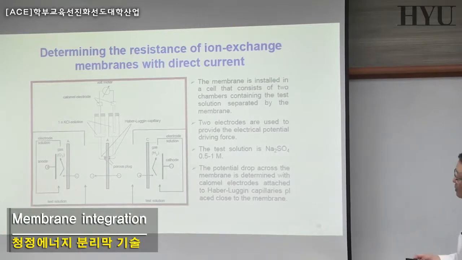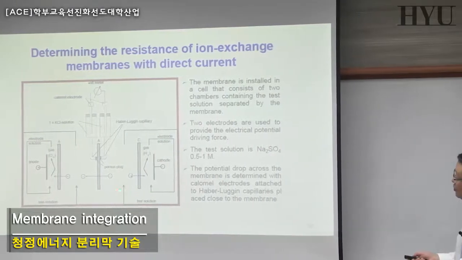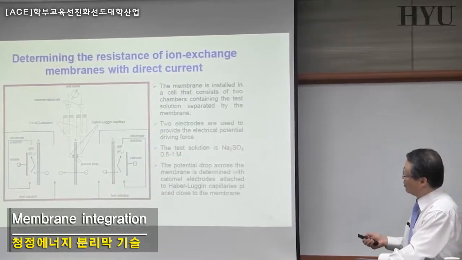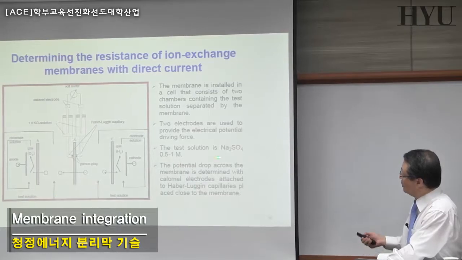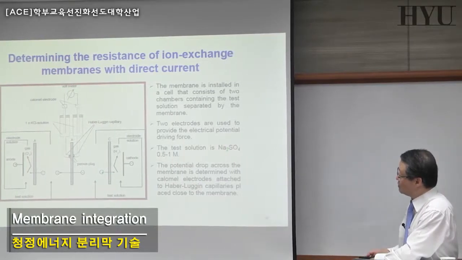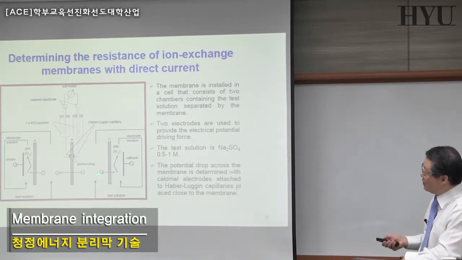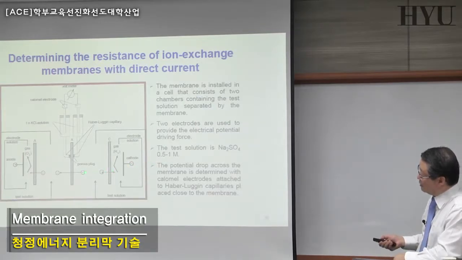Now, in the case of the tester solution, we usually use sodium sulfate solution, 0.5 molar or 1 molar. So the tester solution is sodium sulfate in this case. So through this membrane, if you apply the current, then negatively charged ions will be transferred and come to the anode side because you apply the current.